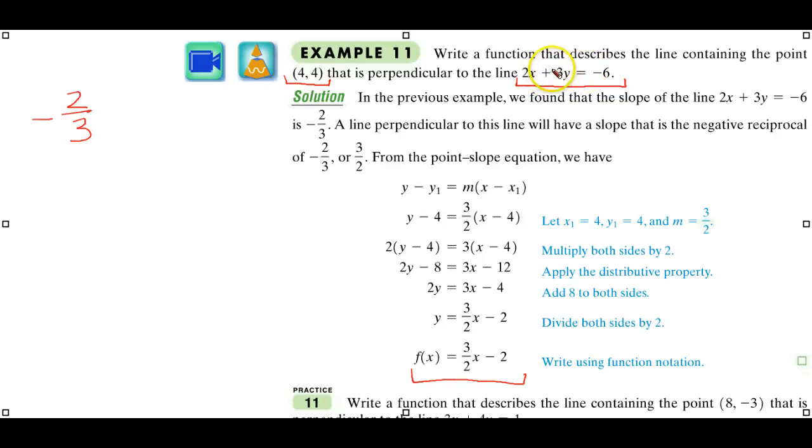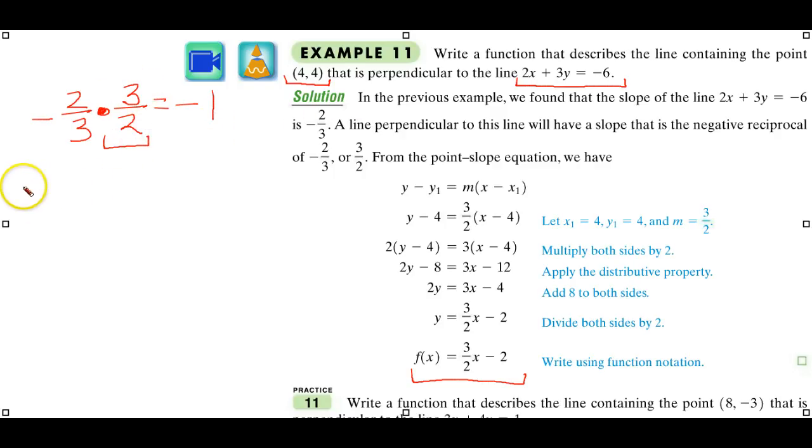What would the slope of a line perpendicular to this slope be? Well, it's negative reciprocal, or opposite sign reciprocal. Remember, we want to get a -1, so that would be 3/2 would give us a -1. So our new slope of this line is going to be 3/2.